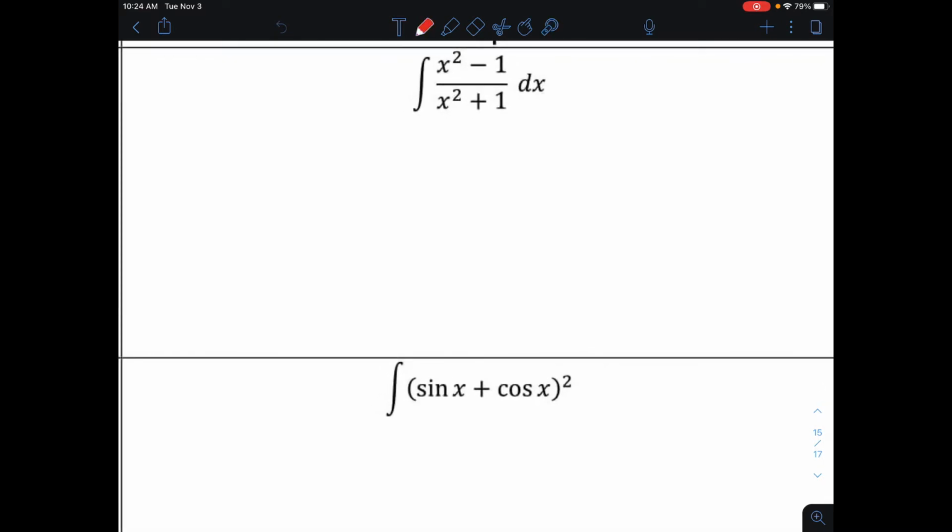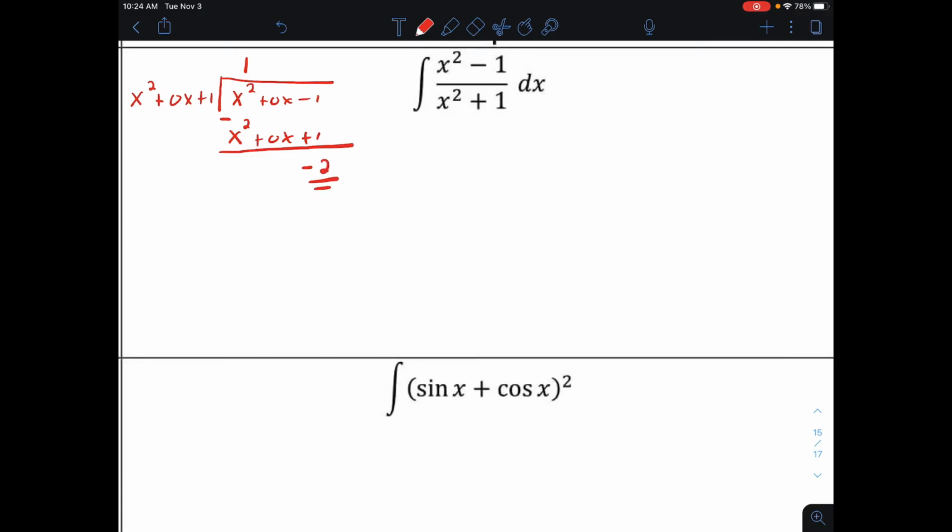So for long division, I would take my denominator, x squared plus 1. Now we're going to account for all powers of x. And then we're going to divide that into the numerator, which is x squared plus 0x minus 1. And we do that, so we'd multiply the x squared by 1, multiply it out, so we'd have x squared plus 0x plus 1, long division we subtract, and we wind up with a remainder of negative 2.